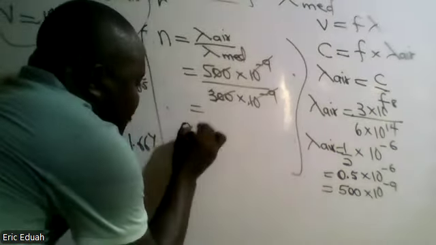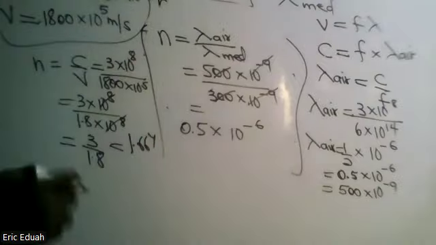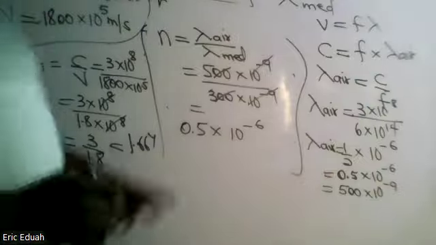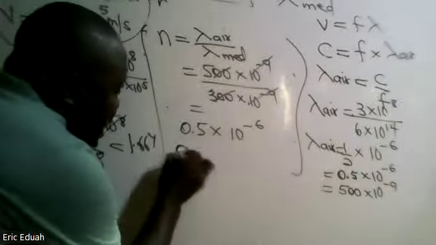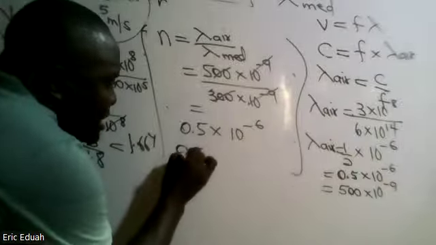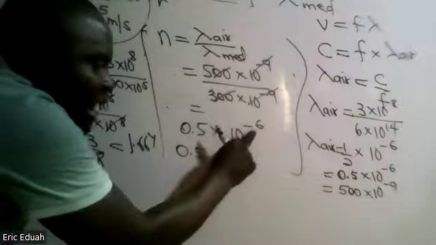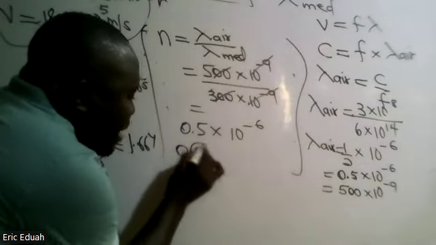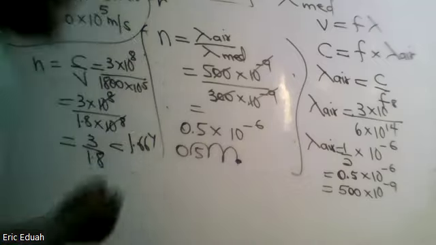I have 0.5 times 10 to the power negative 6, but I want to express this as nano. Nano is 10 to the power negative 9. And so it is like moving this decimal point 3 times, because I only need negative 3 to add to this to give me negative 9. So I'm moving it 3 times. 1, 2, 3. Just to express it in nano.